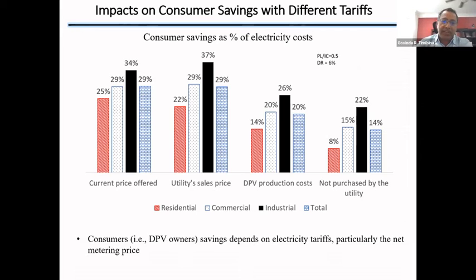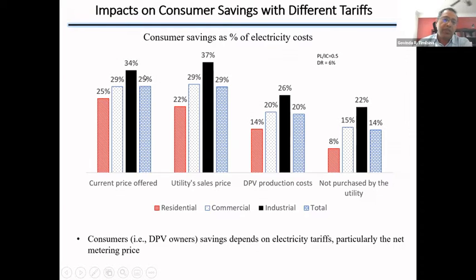If the current price offered by the utility, which is the high voltage price, is considered, this is the net savings, or net benefits, to the consumers, which accounts for 25% of the total utility bill if there is no DPV in the residential sector, 29% in the commercial sector, and 34% in the industrial sector on average.